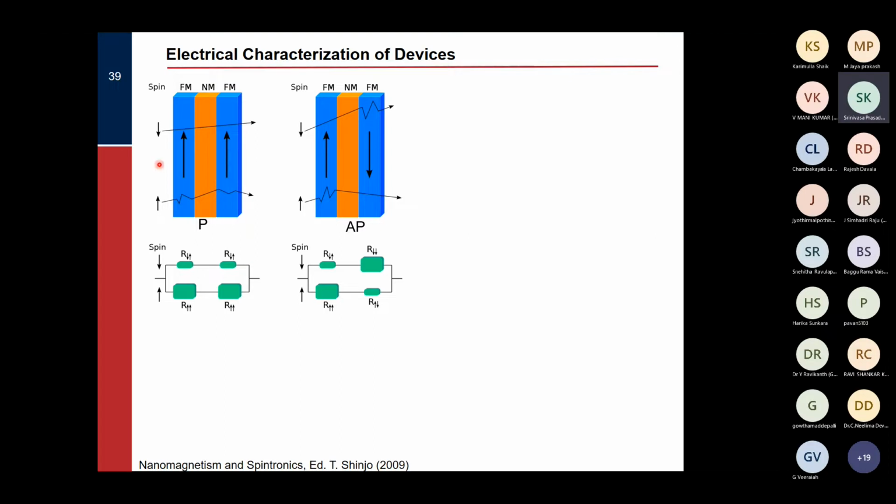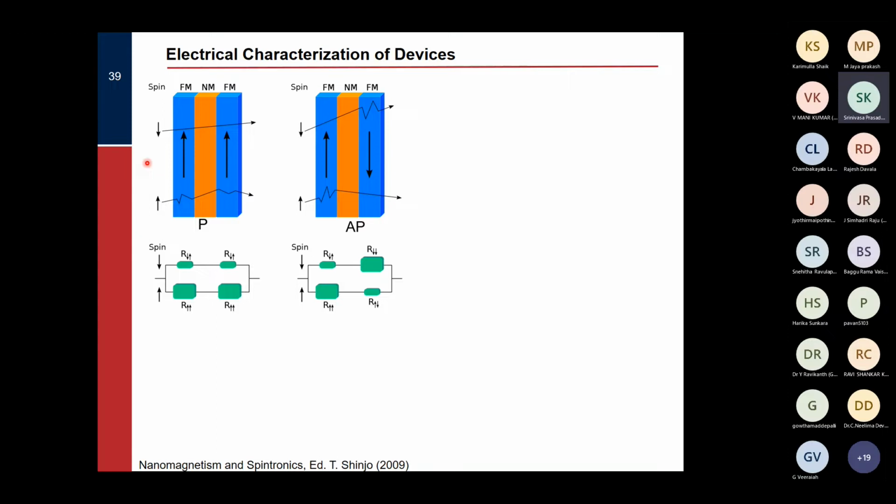Now, if I want to pass a current from left to right, since it is magnetic, the electrons which flow will also be spin polarized. What do I mean by spin polarized? Electrons are spin half particles, so they can carry two spin types: the spin can be up or down.